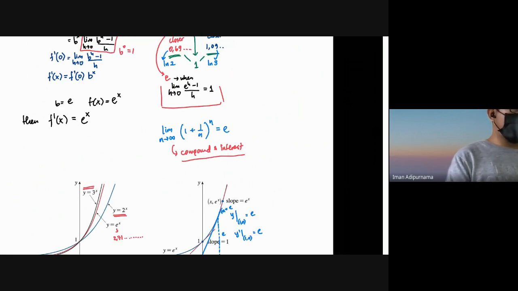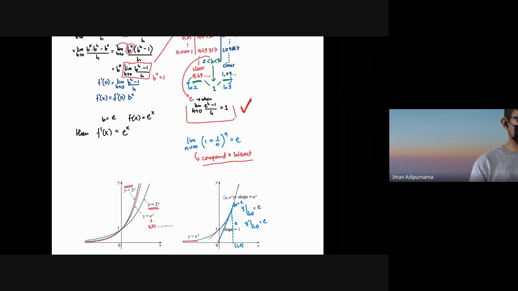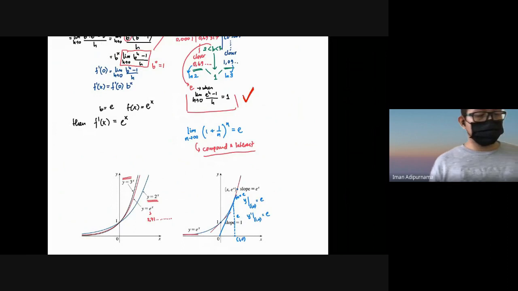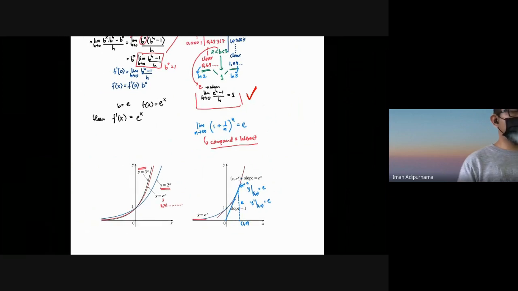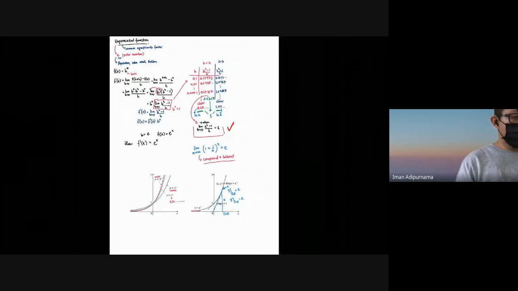For calculus, I think you can just use the first definition. Maybe later in calculus 2, we will learn more about e and elaborate on e in more detail. Okay, any questions first?